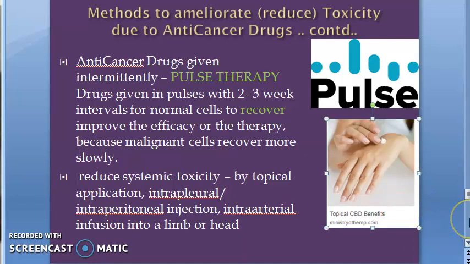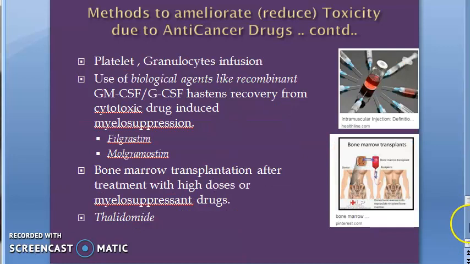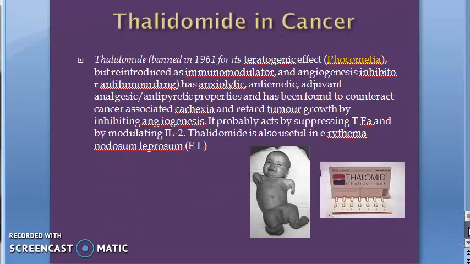Then you can also give drugs topically, intrapleural, intraperitoneal, intraarterial, instead of giving everything systemically. Platelet infusion, granulocyte infusion, biological agents like recombinant GM-CSF, G-CSF, etc. Bone marrow transplant, okay, and then thalidomide.